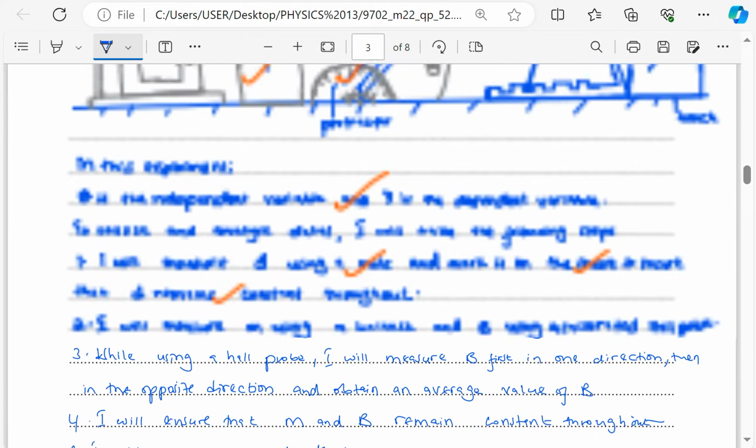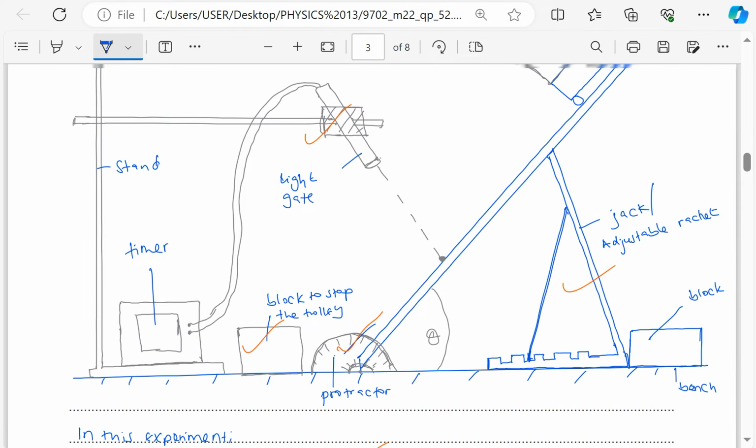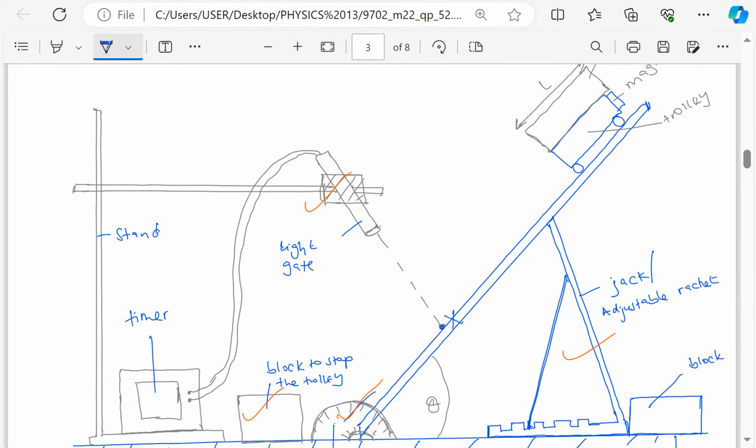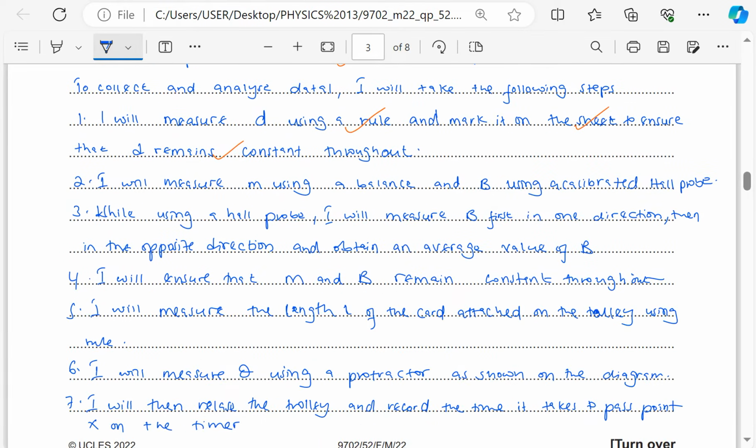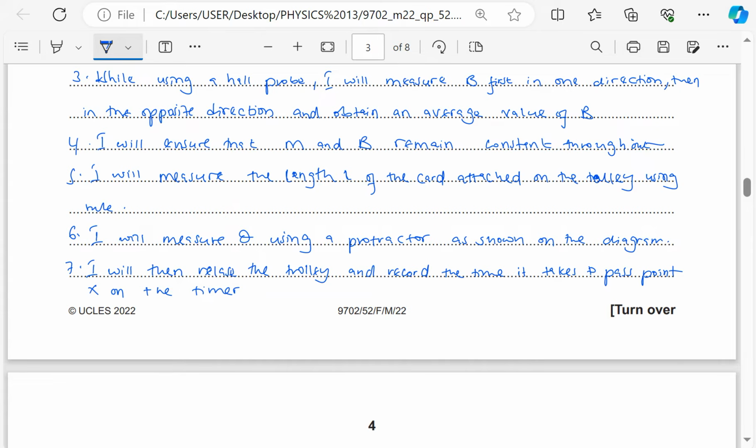So the timer is going to give me the time. So this is point X. The timer is going to give me the time the trolley takes to pass point X because I've attached the card onto the top of the trolley. Okay, so I will then release. I have so many errors in this essay. I'll then release the trolley and record the time it takes to pass point X on the timer.